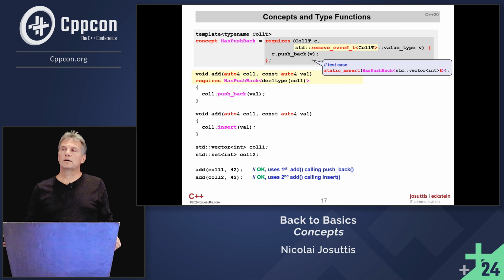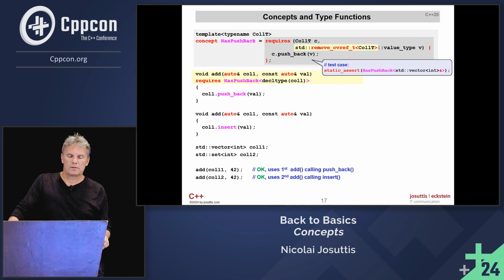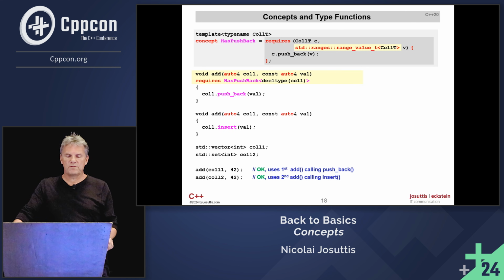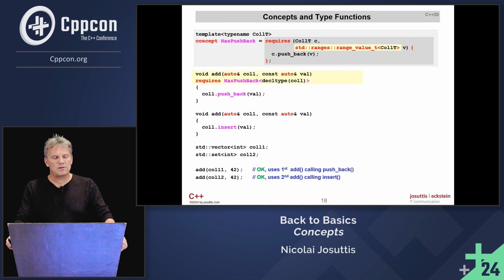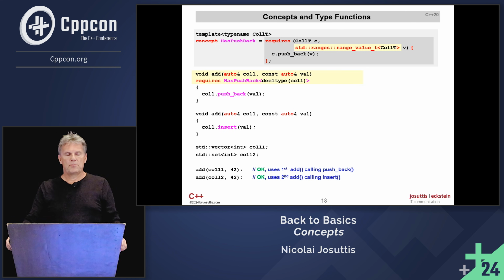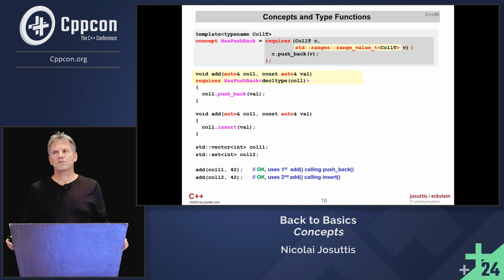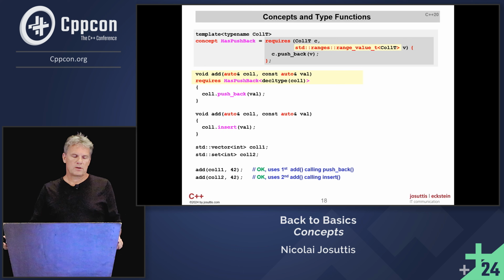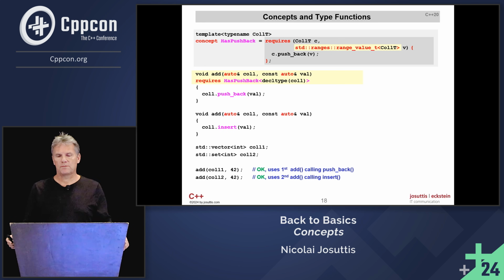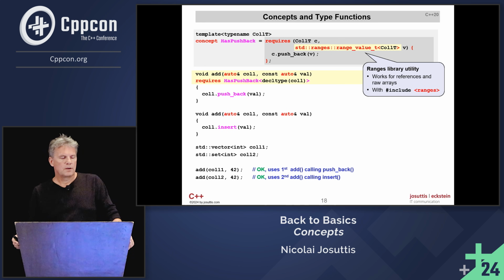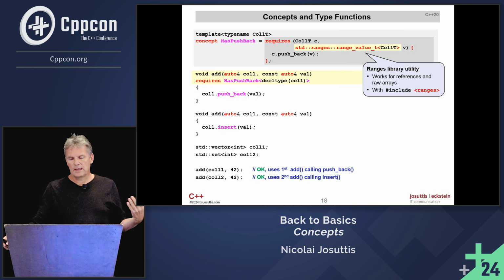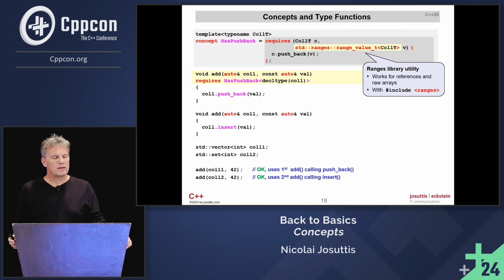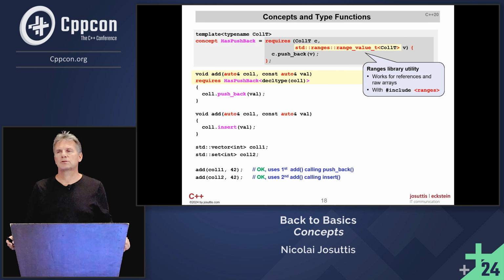There's another way to deal with the element of this collection, which is a utility we introduced in C++20 with the ranges library. Ranges and concepts play well together. Ranges use a lot of concepts, and concepts help to improve the quality of the ranges library. So in the ranges library, there's a utility that gives you the value type of the range.